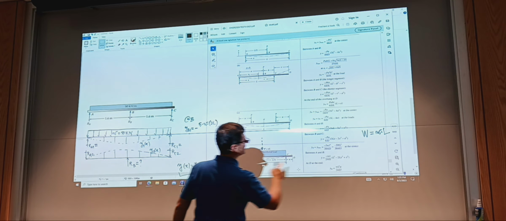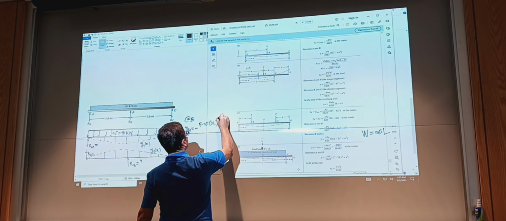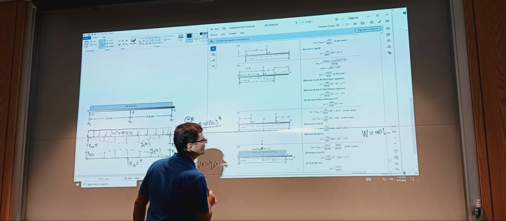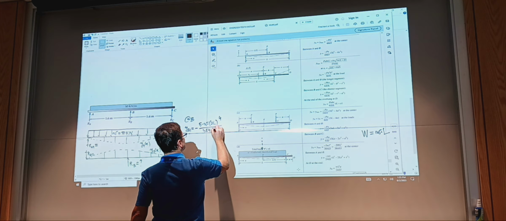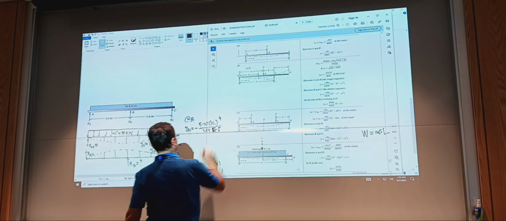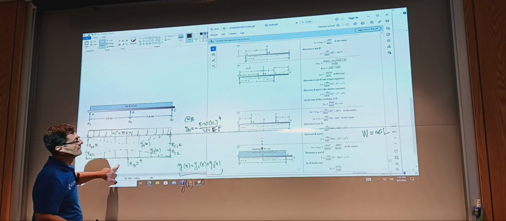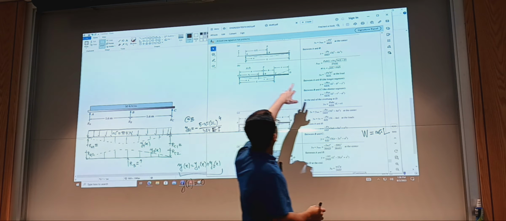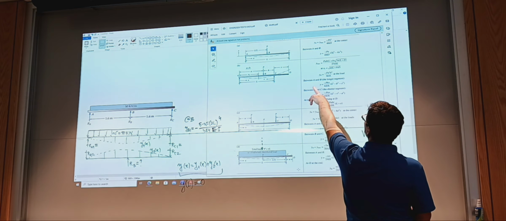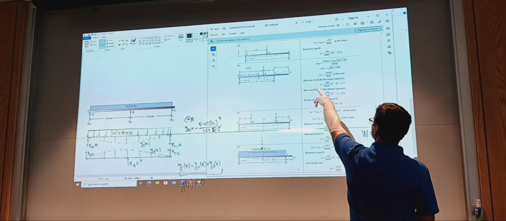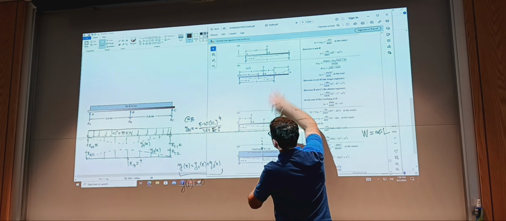And 2L to the power 4 over 384 EI. Okay. And then, looking above, the maximum deflection, again, they happen to be in alignment.